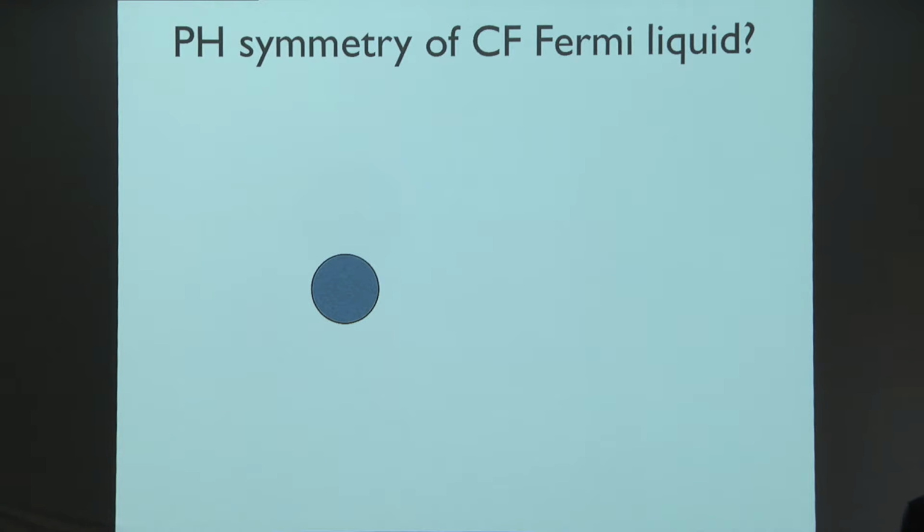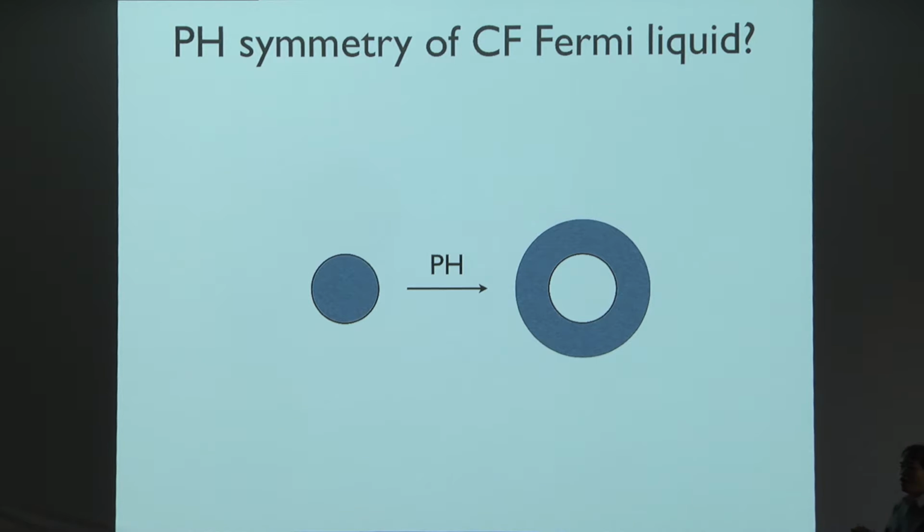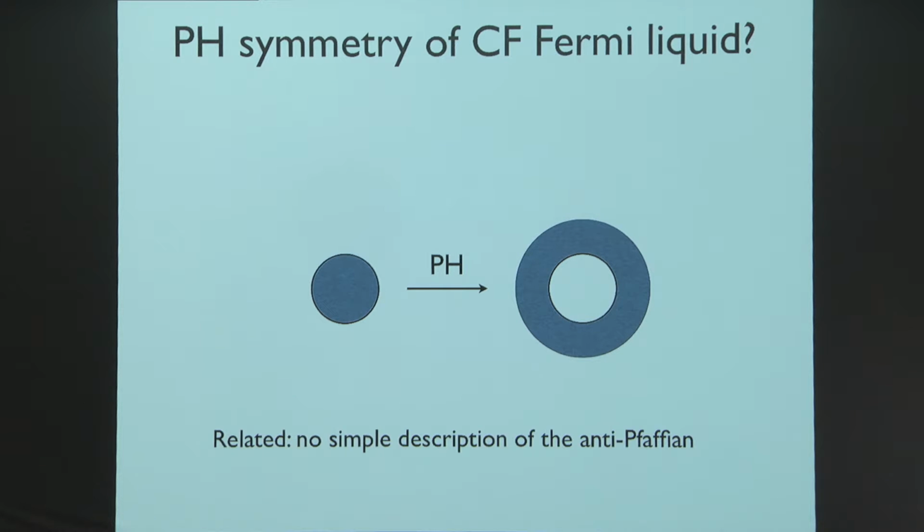Under particle-hole symmetry, naively, one would have a hollow disk. All the states outside the Fermi sphere should be filled, and all the states inside the Fermi sphere should be empty. Obviously, it is nonsense. A related question is that there is no simple description of the anti-Pfaffian or the anti-Moore-Read state at nu equal 1/2.